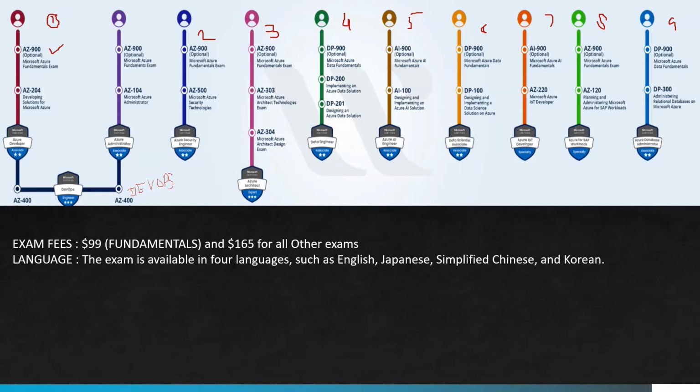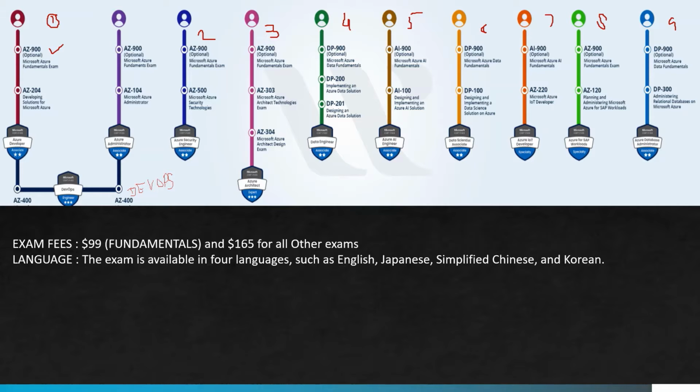Then you can follow any of the paths. Azure Fundamentals is not strictly necessary, but if you are new, then you will become familiar with all the concepts of Microsoft Windows Azure. So I'll suggest going through AZ-900 first, then building your knowledge on that, and you can continue and pass all your exams for the role which you want to choose.